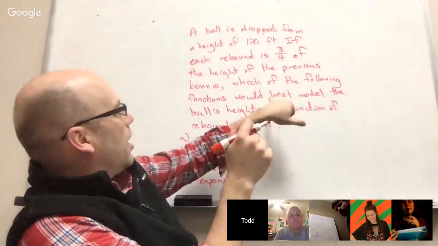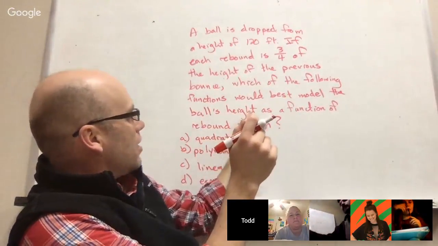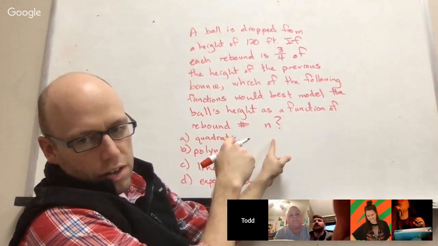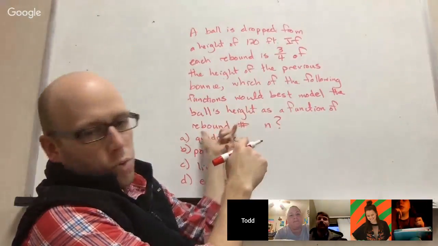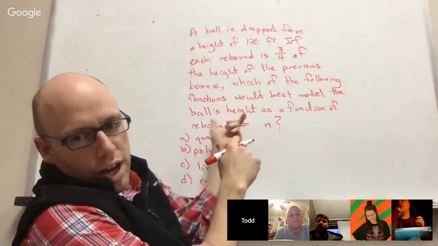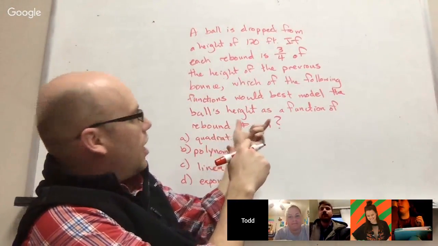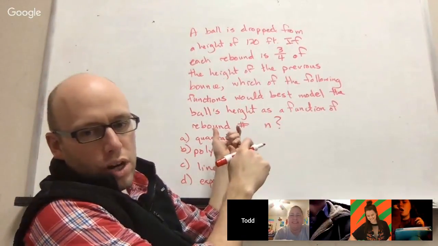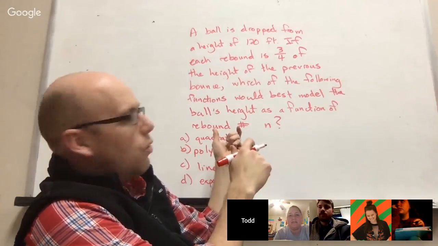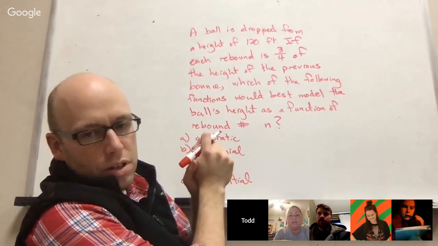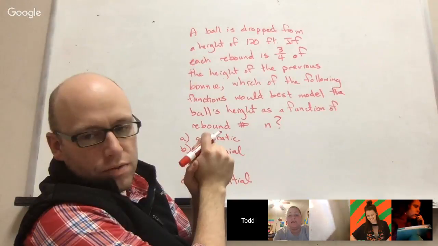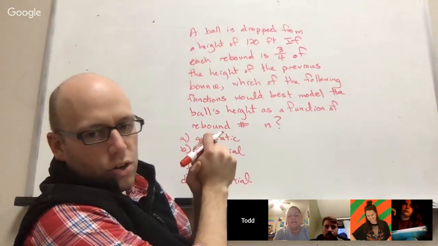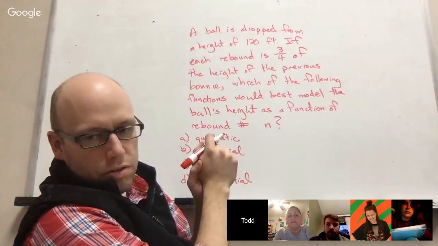We're modeling the ball's height as a function of the rebound number. So we're told height and rebound number are the two quantities we're trying to relate here. If it says height as a function of the rebound number, then which one is supposed to be the input?